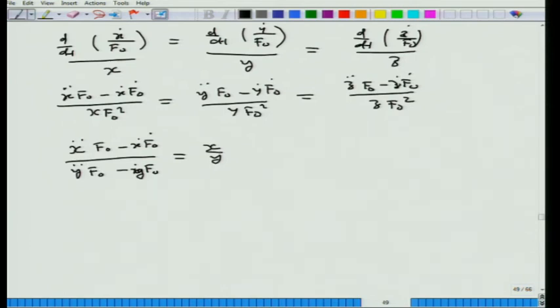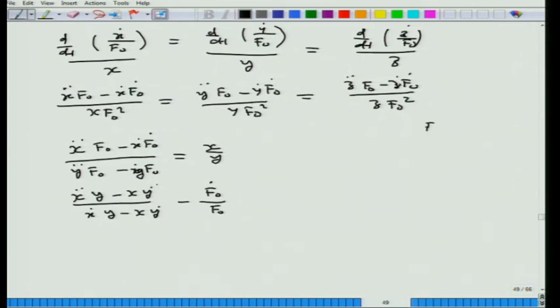And now cross multiplying and then solving it for f0 dot over f0, we get x double dot times y minus x dot y double dot, over x dot y minus x y dot, equal to f0 dot over f0.